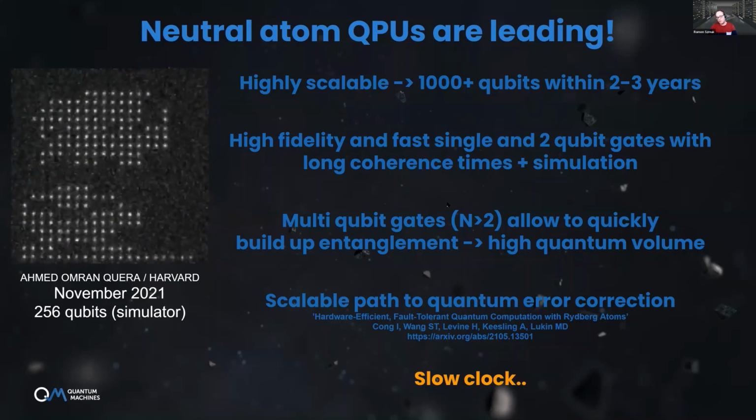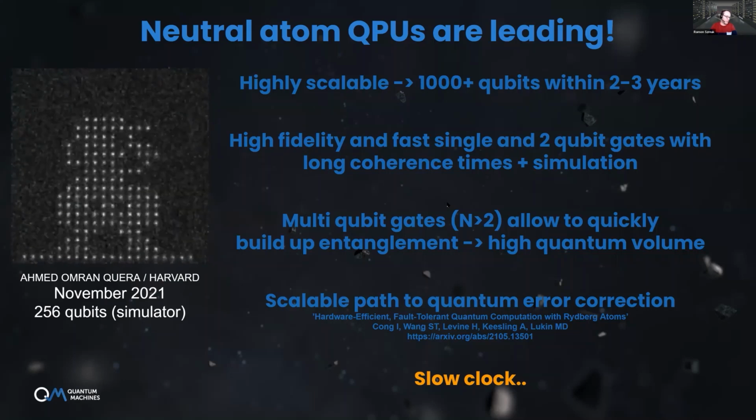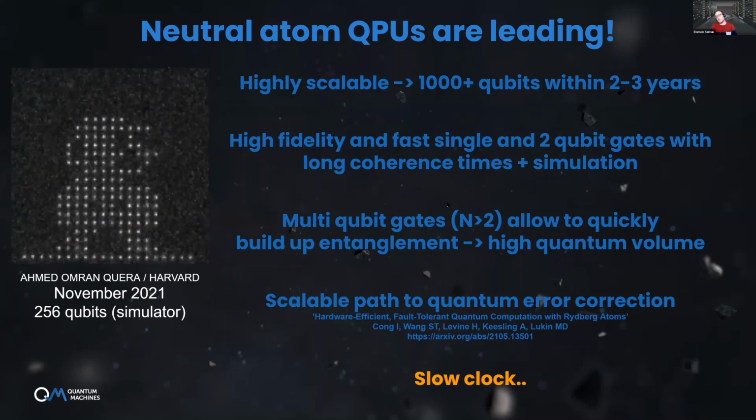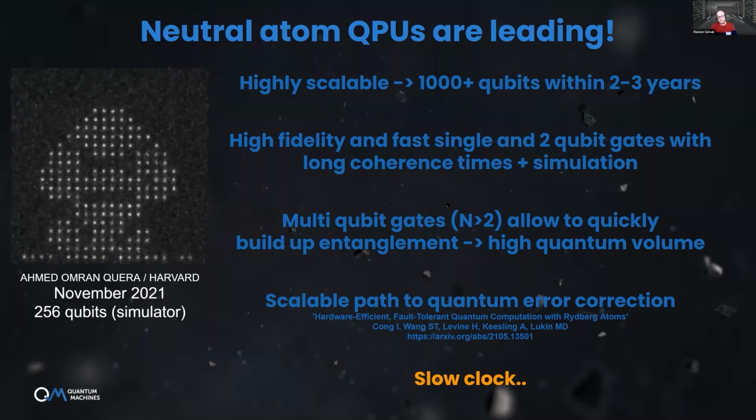And that will allow to quickly build up entanglement, which kind of affords a shortcut to high quantum volume, right?